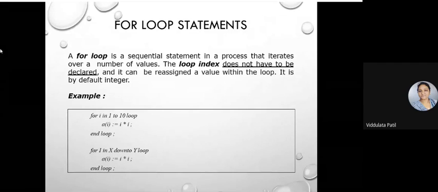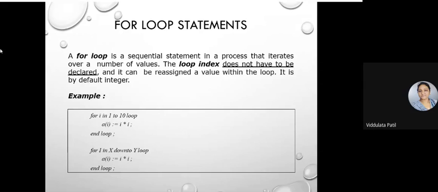So here there is no need to declare a loop index, and it can be reassigned a value within a loop. So it is by default an integer.